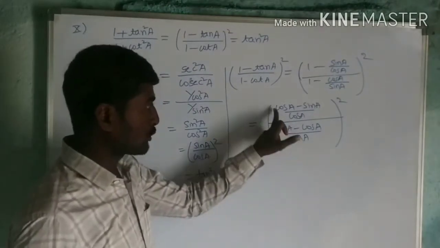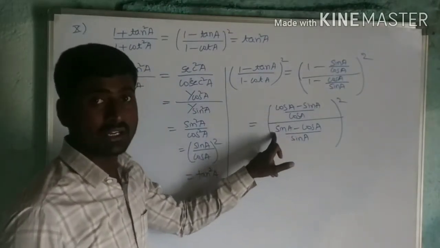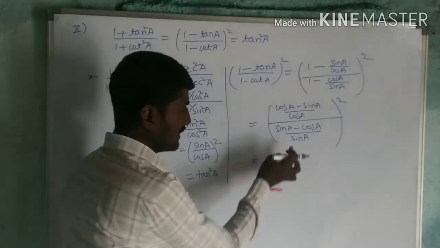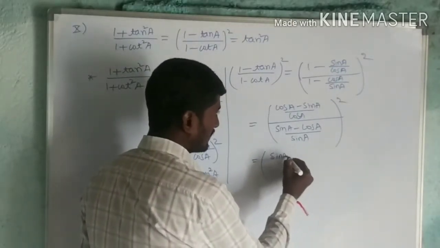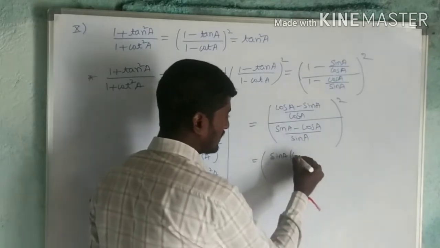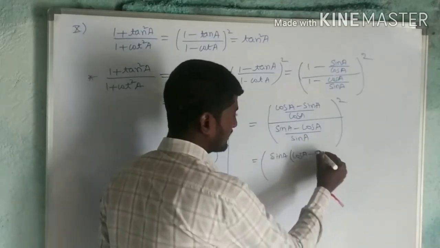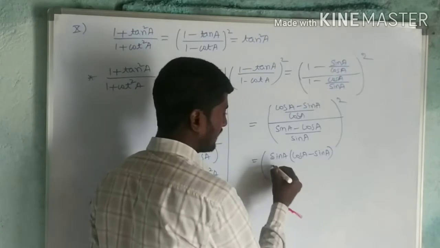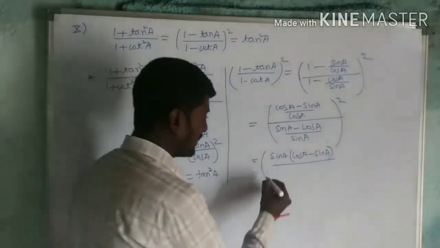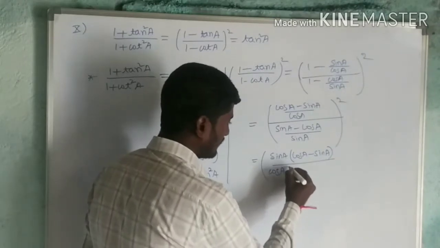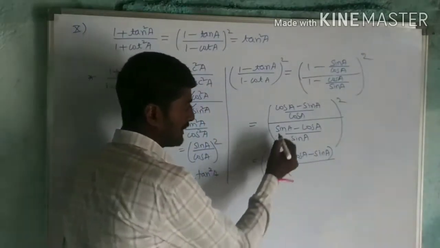Now this sin A goes to numerator and cos A comes to the denominator. Am I right? So sin A, inside what will be there? Cos A minus sin A divided by. Now here also cos A comes to the denominator. Cos A inside, so what will be there?